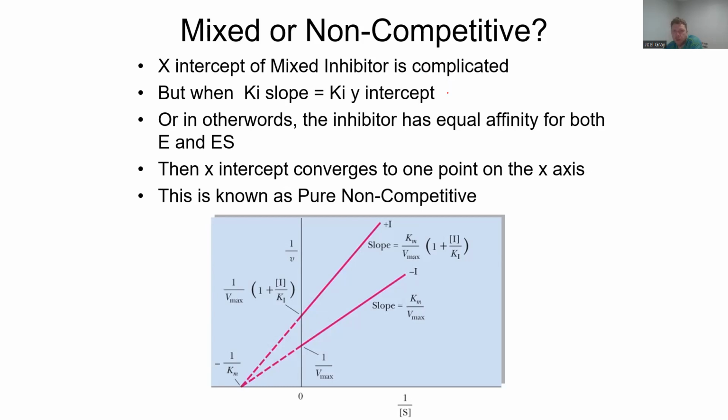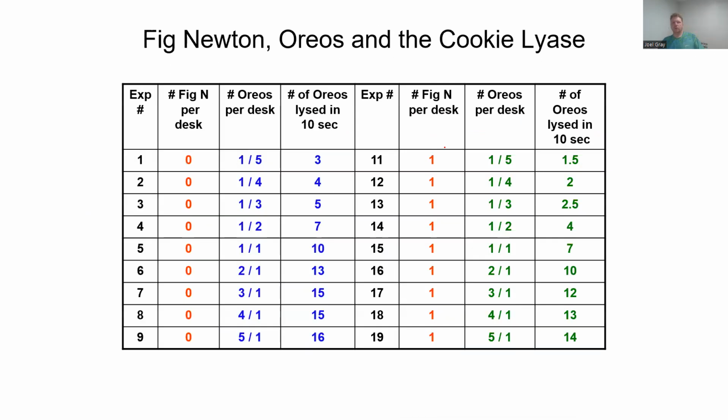This is known as purely non-competitive inhibition. So essentially, if the inhibitor has equal affinity for both E and ES, it is purely non-competitive inhibition.